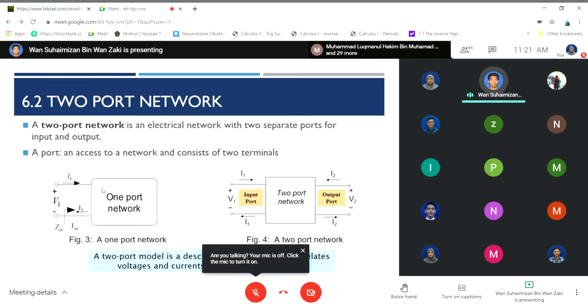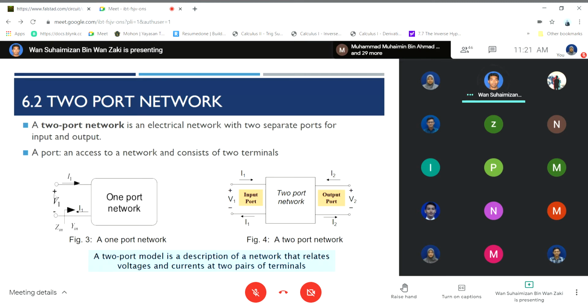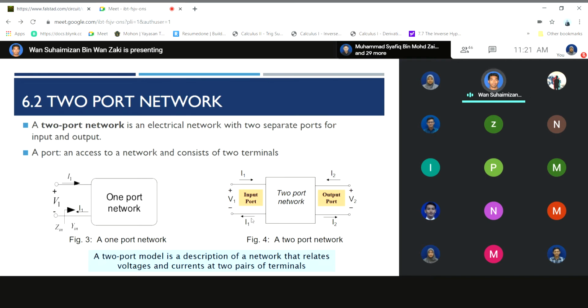In a one-port network, current I1 goes through the system and the output is also I1. For the two-port model, we have input current I1 going in and coming out, and at the output port I2 goes in and comes out as I2. So this chapter 6 covers two-port network.